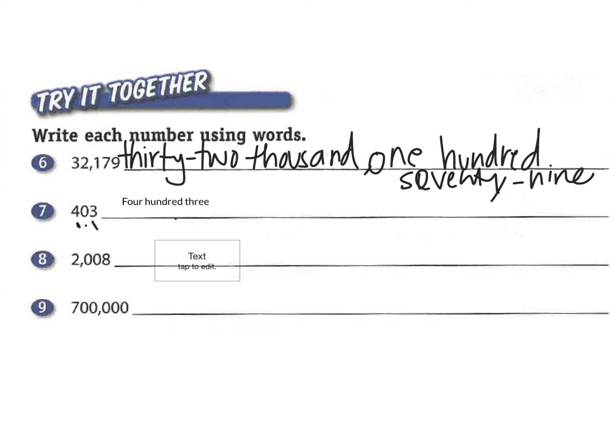There's no hundreds, there's no tens. So we read it as 2008. And the last one, it's only the hundred thousands place, so it's 700,000. So go ahead and pause, write those down, and then go onto the bottom of the page.